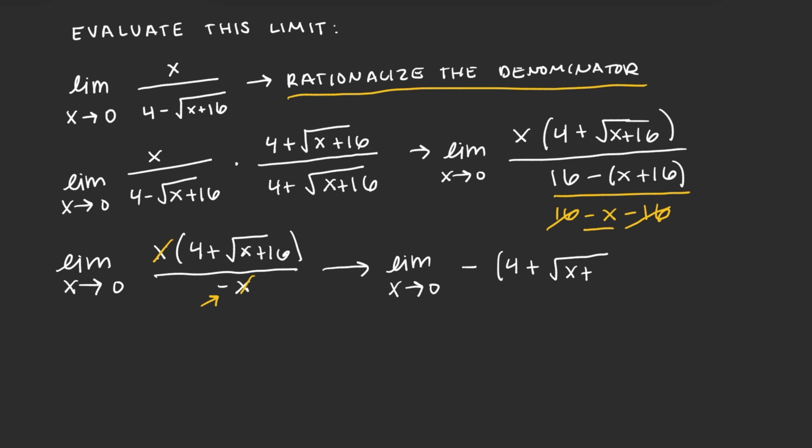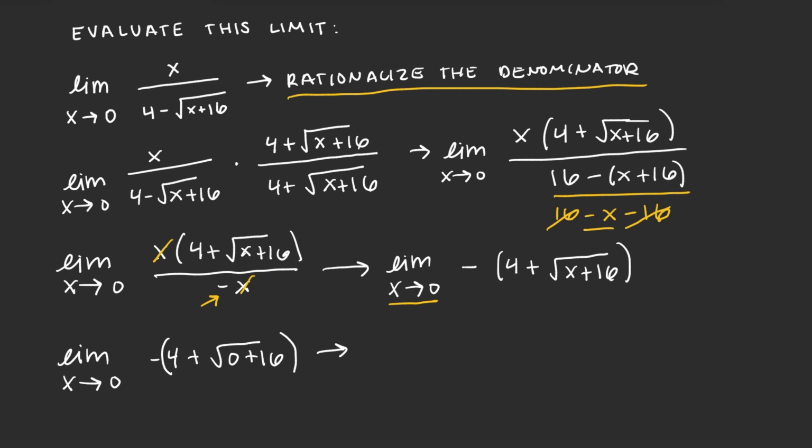So then our next step is going to be to plug in this 0 anywhere we see an x. So we'll have the limit as x approaches 0, negative, parentheses right here, 4 plus the square root of 0 plus 16.